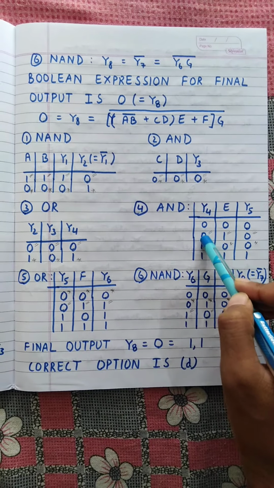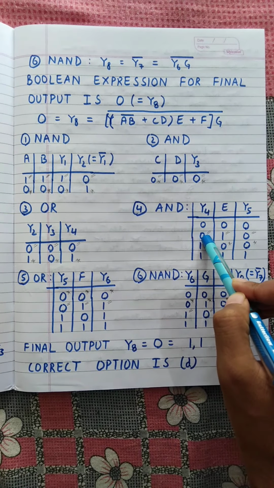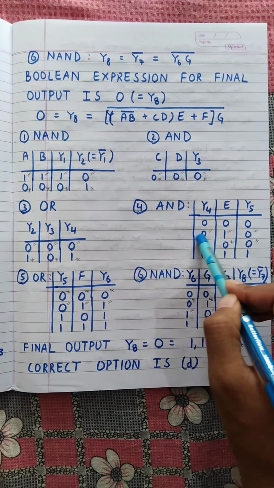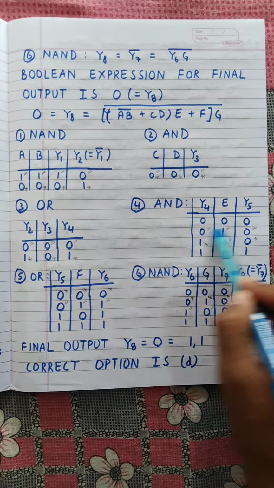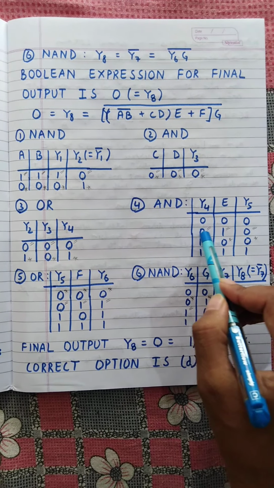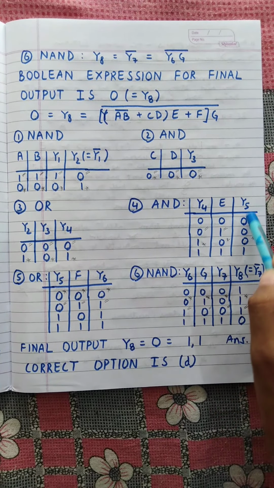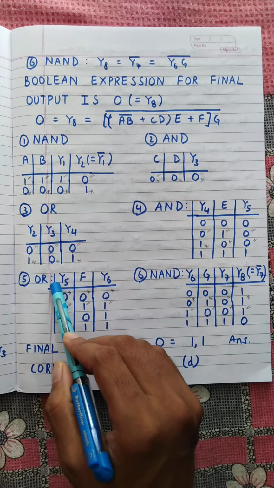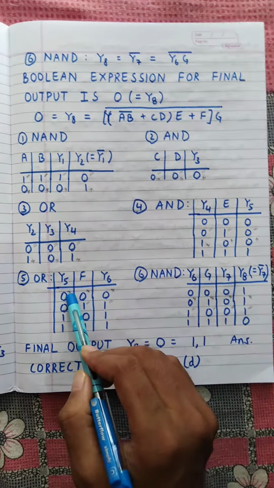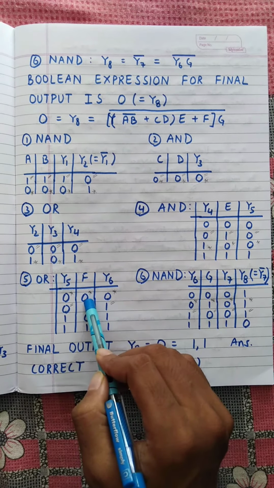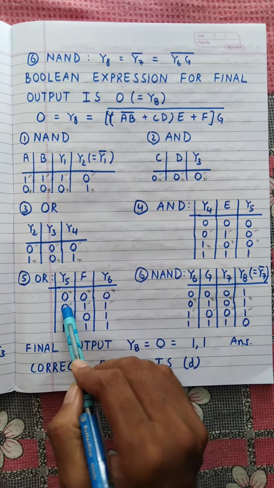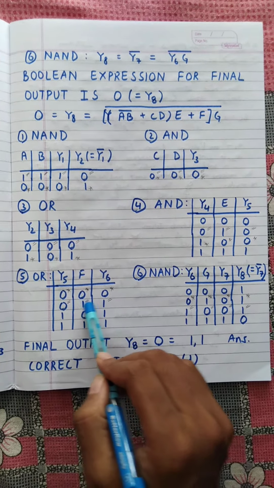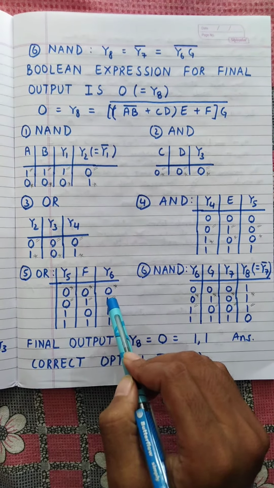Now y4 we take as 0, and E in the first case is 1. So y4 0, E 1, the output y5 will be 0. Now we have to remember this, y5 will be 0, and again in the first case F is 1, so 0 and 1, we obtain the combination 0 with F 1, and get output y6 as 1.